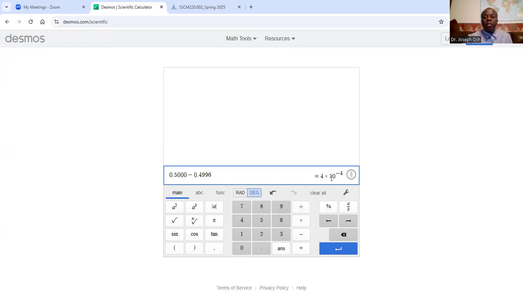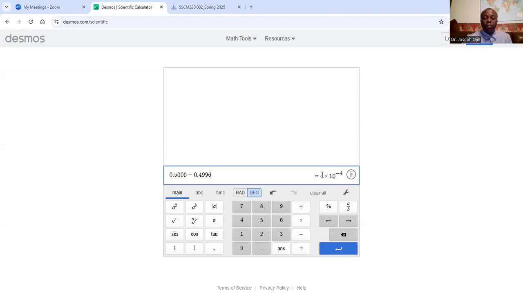The calculator gives the answer in scientific format. But remember, 10 to the power of negative 4 means 4 zeros before the 4, which is 0.0004.